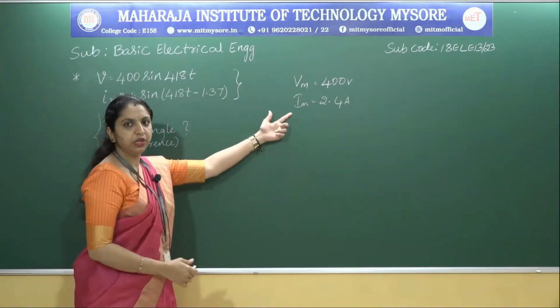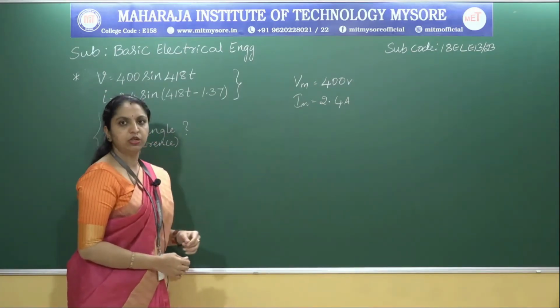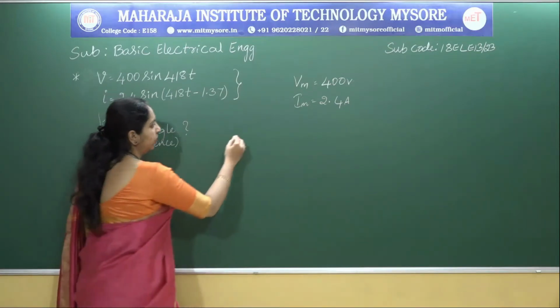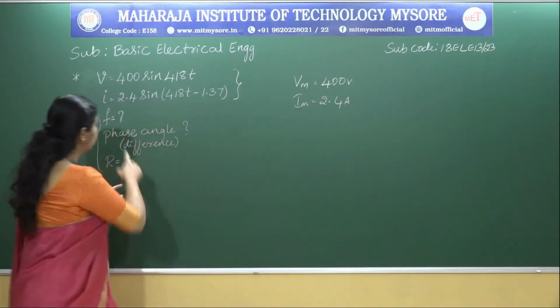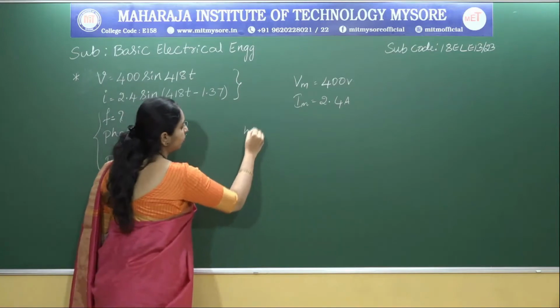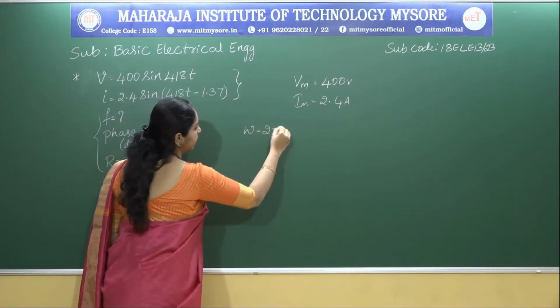Considering these two maximum values, we can calculate the first value, the frequency. We know that omega is equal to 2 pi f.